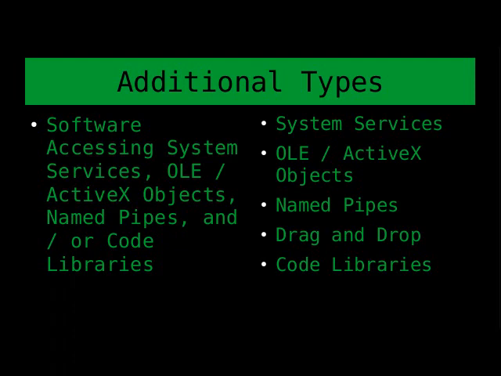And object linking and embedding, or ActiveX objects. Anything which is being used as a compiled code library like that, or even like another type of code library where it's not really compiled.